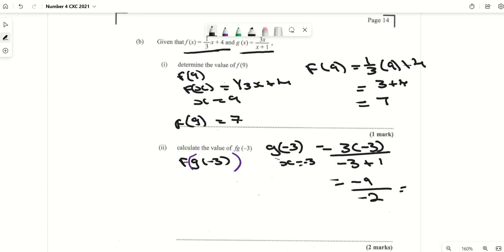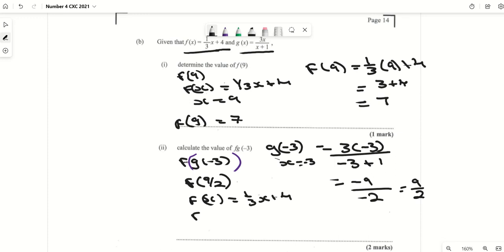Negatives will cancel out. This will be 9 over 2. We'll leave it as 9 over 2. Don't try to do anything. So now we know g of minus 3 is 9 over 2. So it's going to be f of 9 over 2 here. What that means is wherever we see x in our f of x equation, we're going to put 9 over 2. So f of x, let's put that back again, is a third x plus 4.